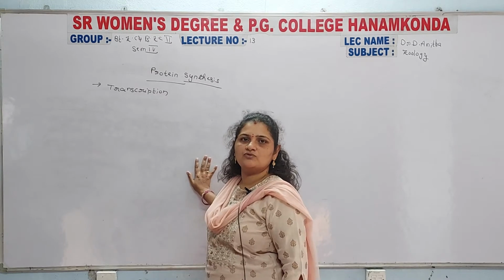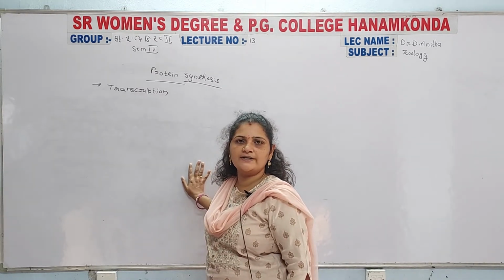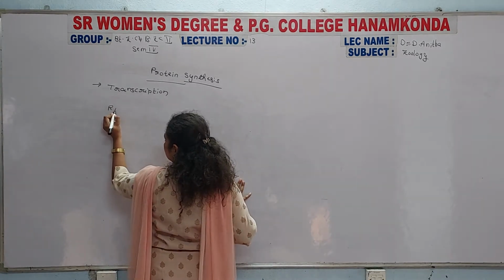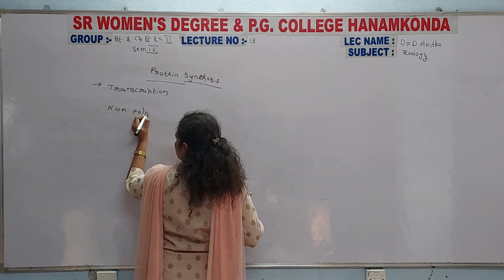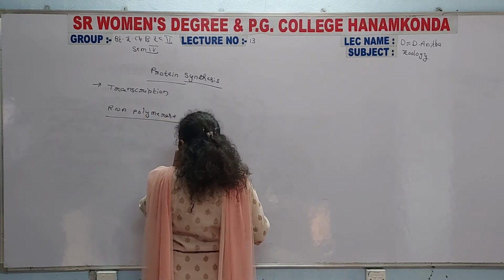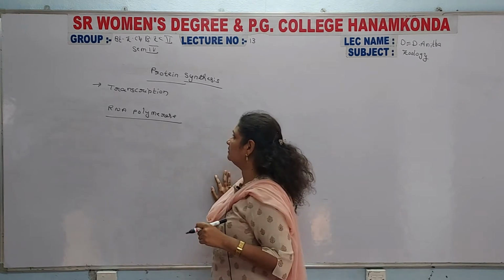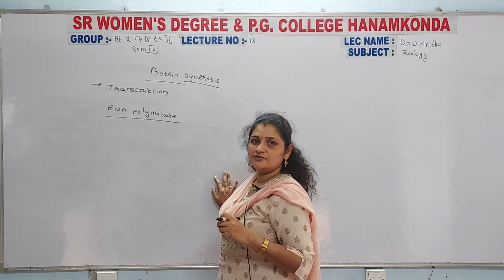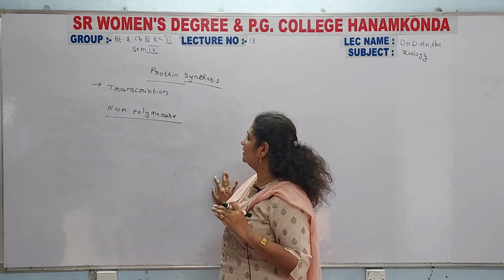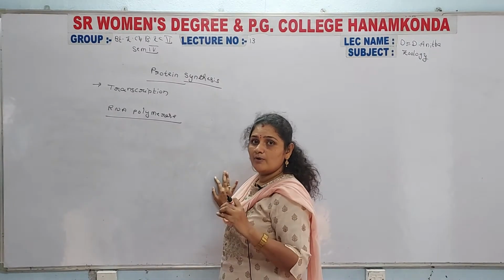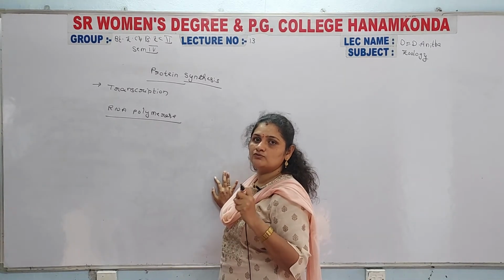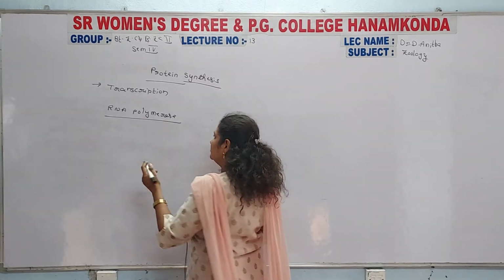Transcription mainly occurs with the help of the enzyme RNA polymerase. It binds on the surface of the DNA. Once the RNA polymerase is bound to the DNA, a promoter region is formed there.